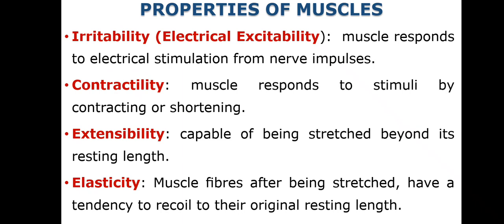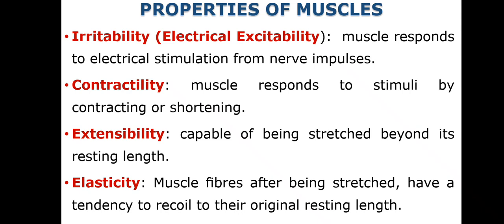For example, muscles respond to stimuli by contracting or shortening. If you touch something hot, you'll be able to flex your hand away from it, and your muscles are going to contract, enabling you to make that movement by contracting or shortening. So one of the properties of muscles, besides irritability, is contractility.